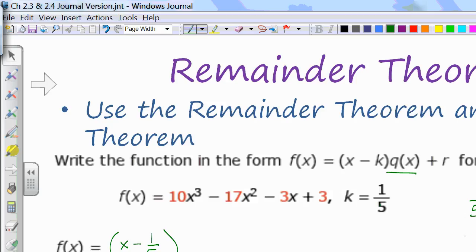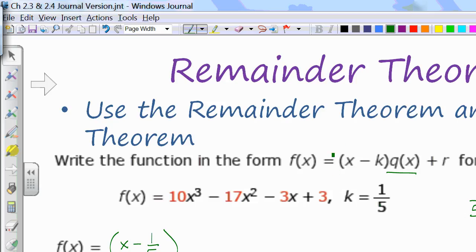We can do it with long division, or we can do it with synthetic. I personally like synthetic. So I have 10, minus 17, minus 3, and 3.